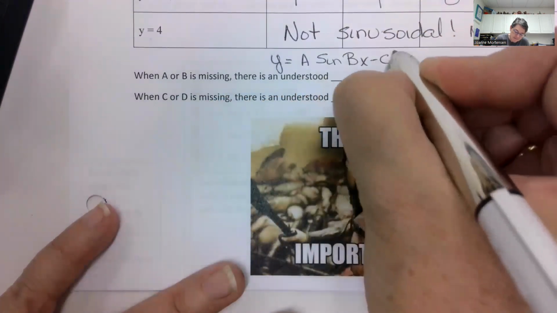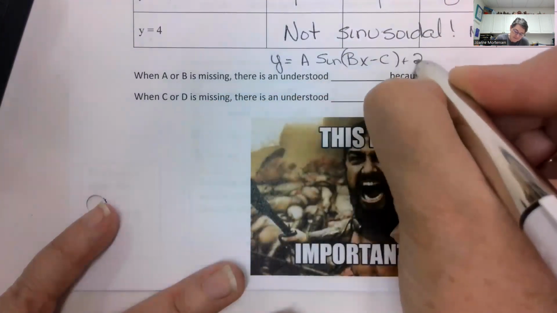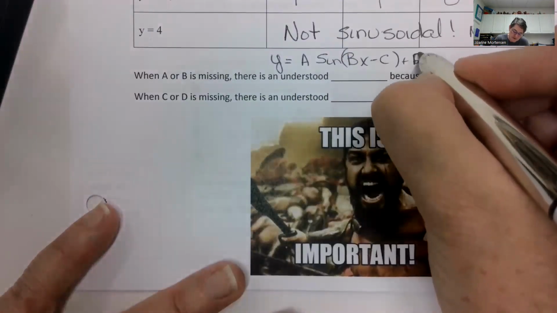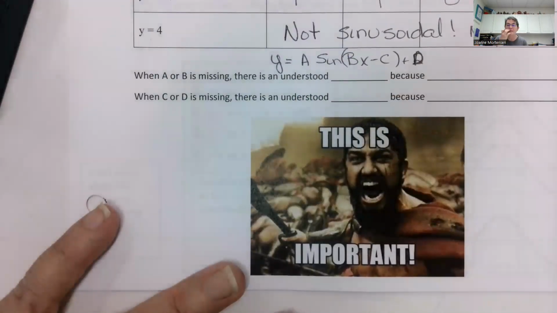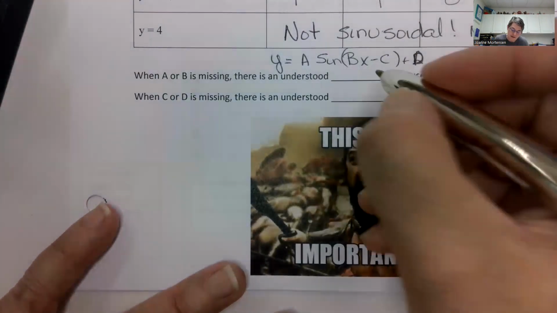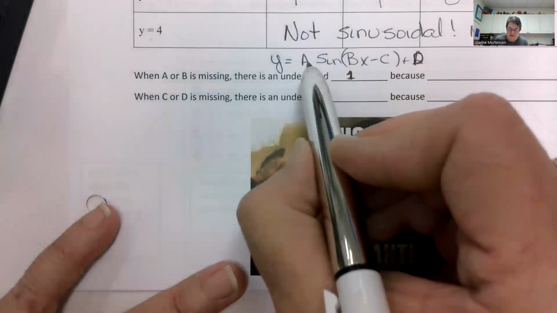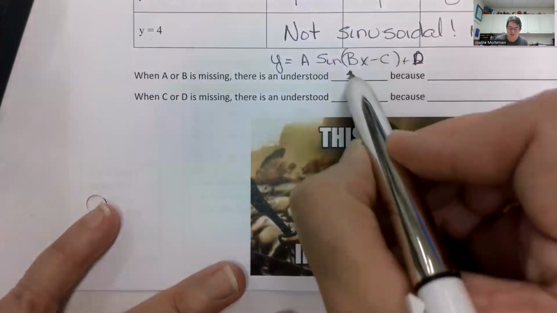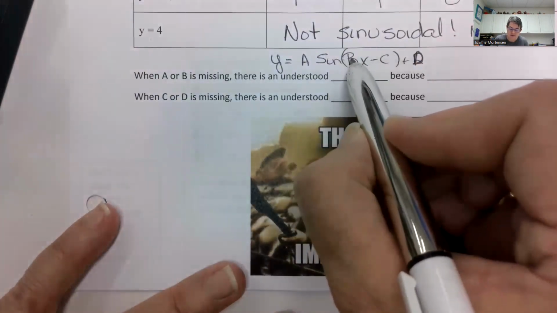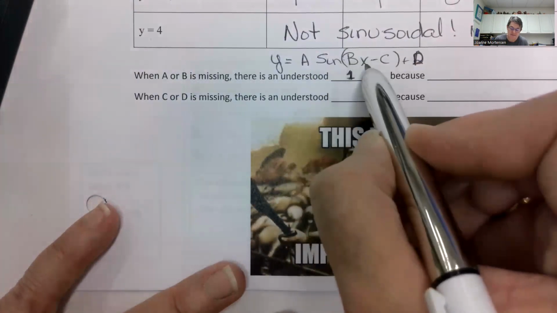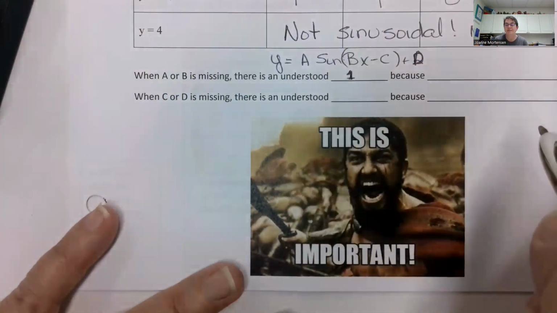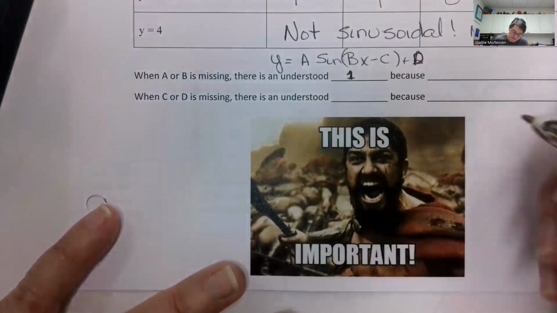It's an understood 1 because you're multiplying. So 1 times sine is just sine, or b times x is, try it again. 1 times x is just x.